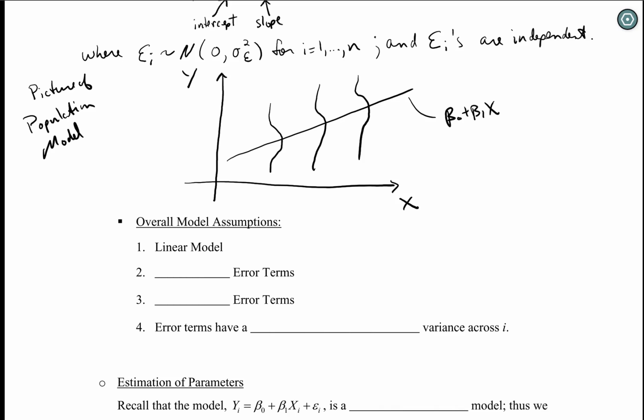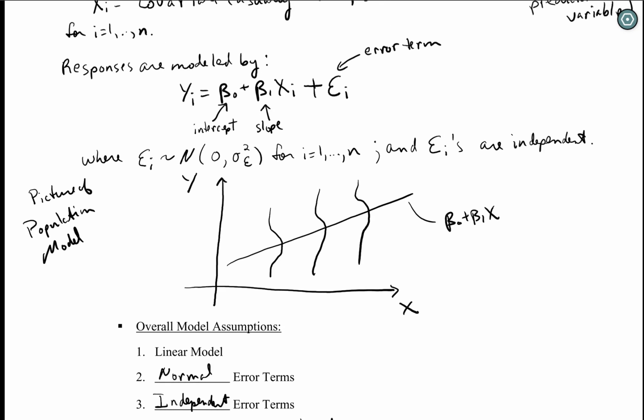Two, that we have normal error terms. Three, that we have independent error terms. And fourthly, that the error terms have a constant variance across i.